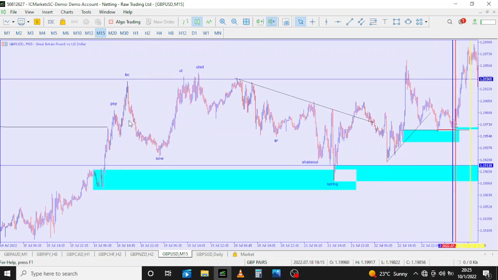You see, at first it started to distribute. When it started to distribute around this area, it created a PSY and a buying climax and a sign of weakness around this area and the UT and the UTAD.